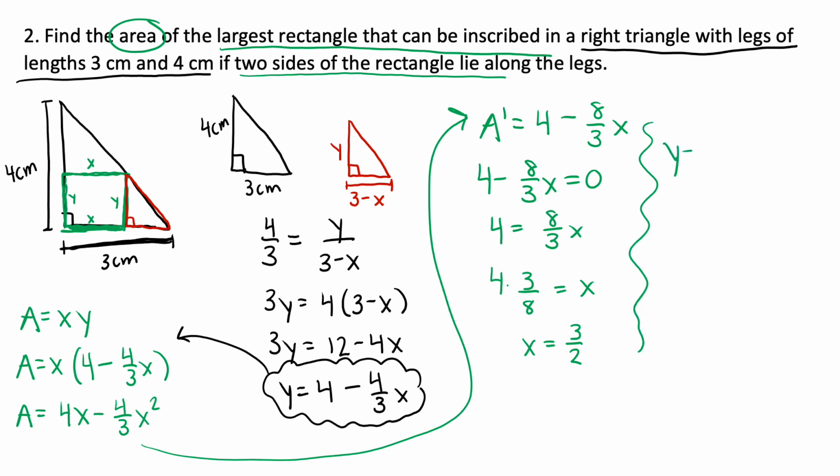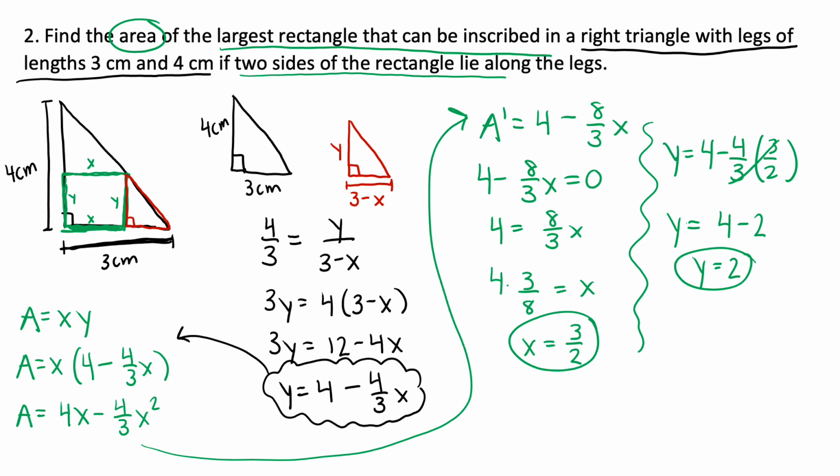So y equals 4 minus 4/3 times x, which we found as 3 over 2. 3's cancel, which is nice. So we get y equals 4 minus 2. So y equals 2. So we found those two dimensions, and then let's go back to what it was asking us.